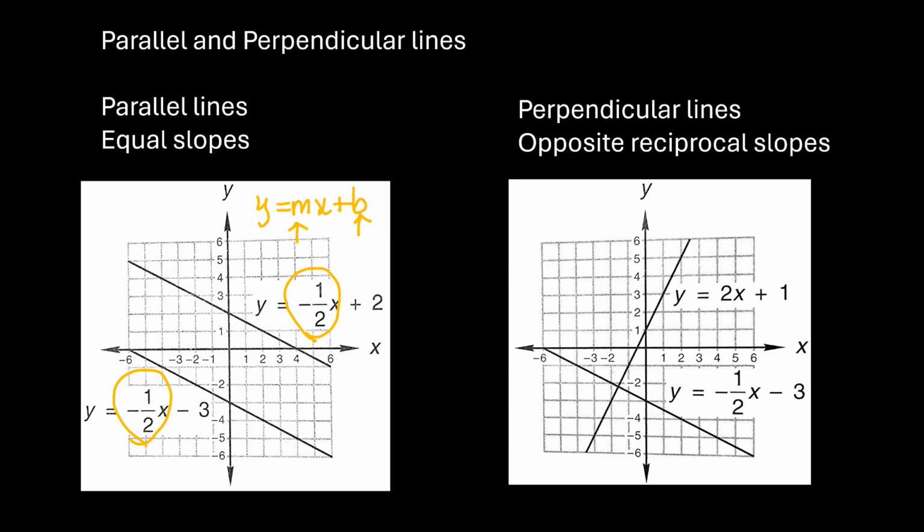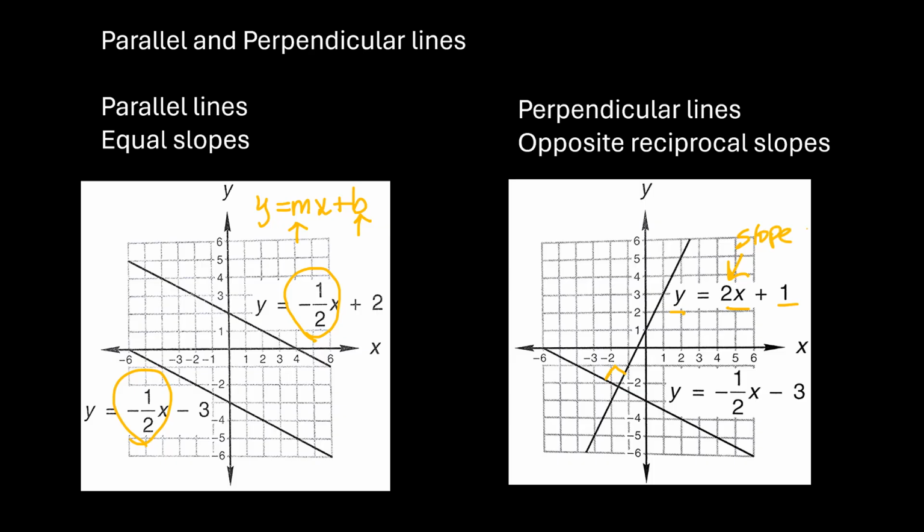Now, perpendicular lines are lines that cross at a right angle. These are a different kind of situation here. Perpendicular lines intersect. Parallel lines do not. Perpendicular lines intersect at a right angle. The relationship between their slopes, if you look here, you've got y equals mx plus b. 2 is the slope.